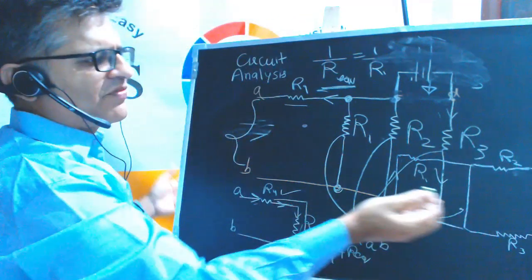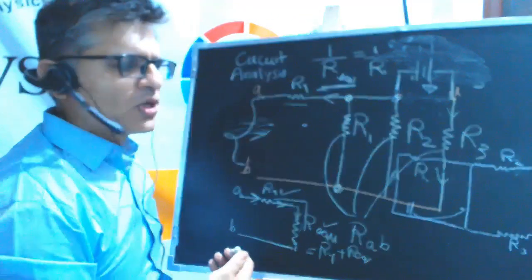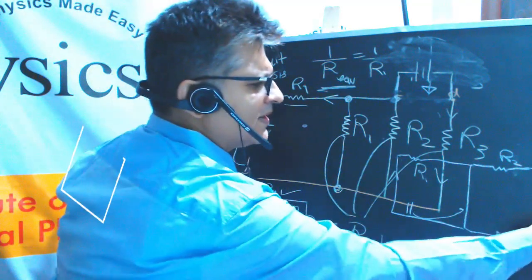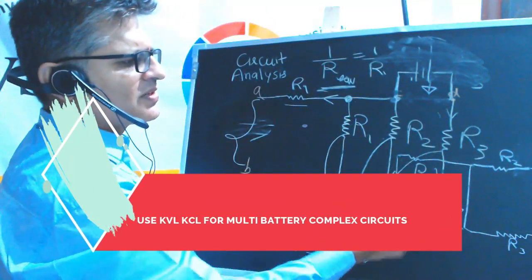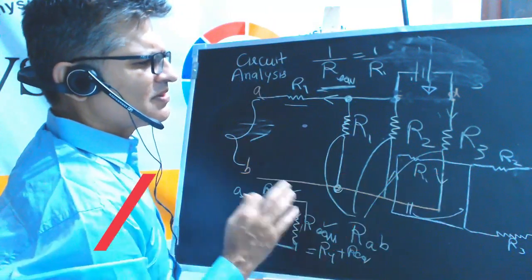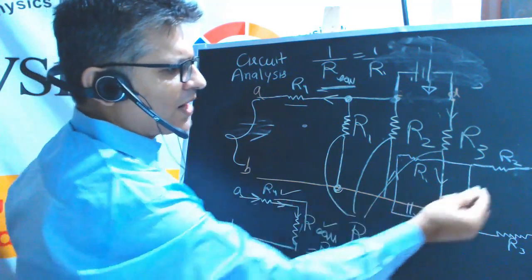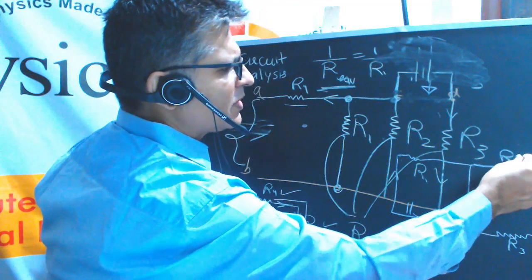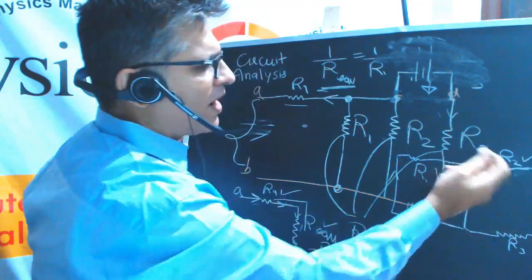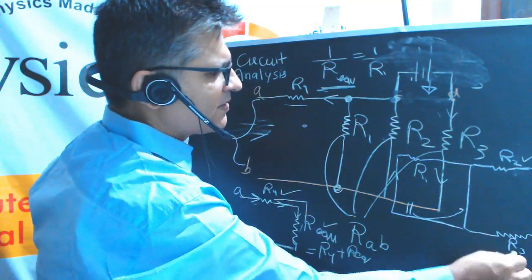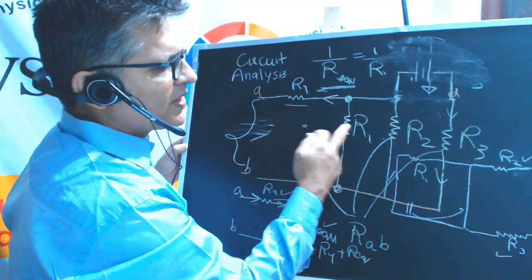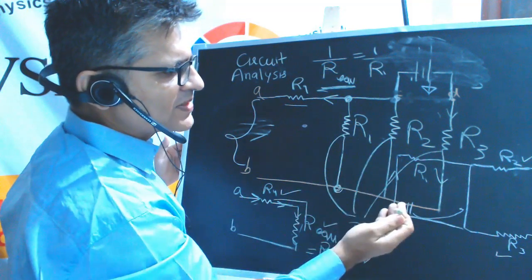Now it is pretty straightforward, and you can apply your Kirchhoff's voltage law, and it's a single battery situation. You can clearly see how to solve something like this, which is not very complicated. You can straight away calculate it. So you have R2 available to you as one of the edges. You have R3 as the other edge, and you can see this R1 is again connected across R2.